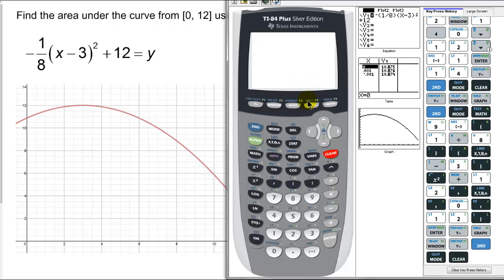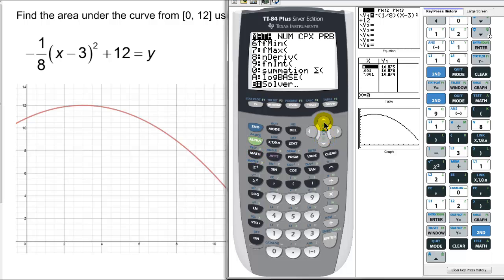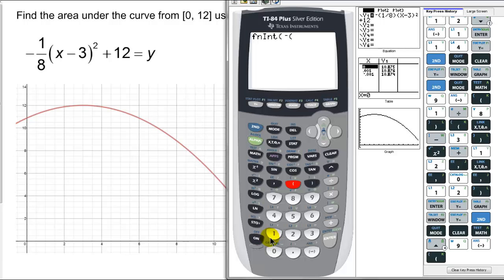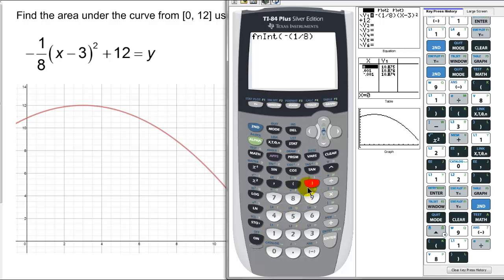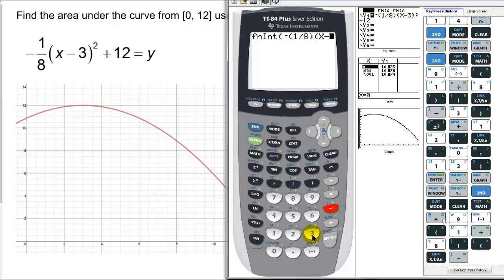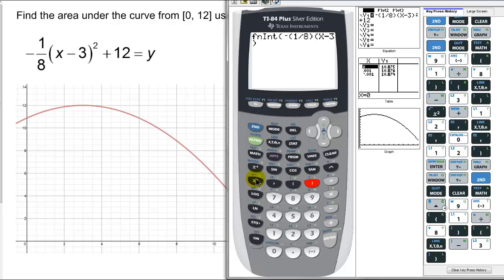Then we'll go back to our main screen and hit the math button. If we go down to number 9, I believe, you'll see fnInt. That's going to find the integral of our function, so we want to type that in accurately: negative parentheses 1 divided by 8 times the quantity of x minus 3 squared, plus 12.